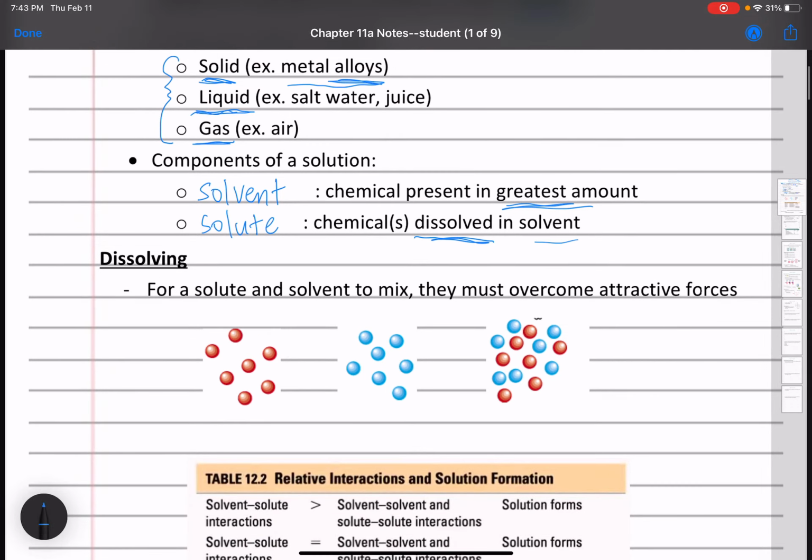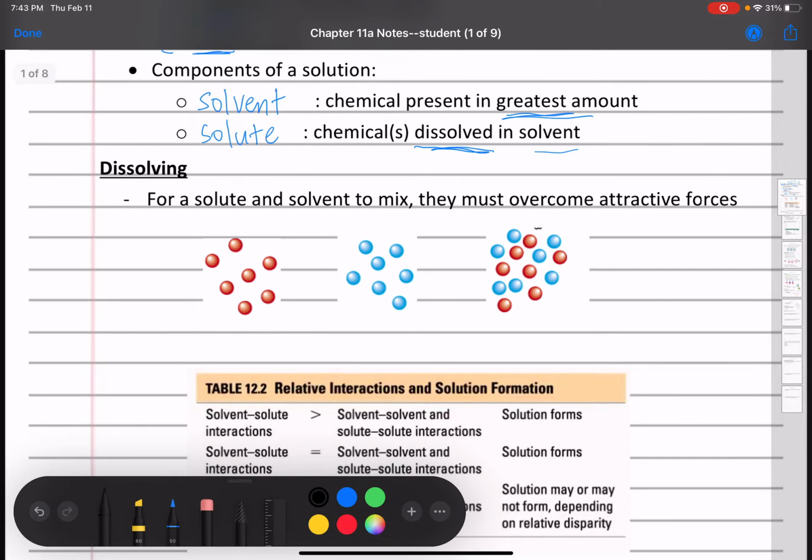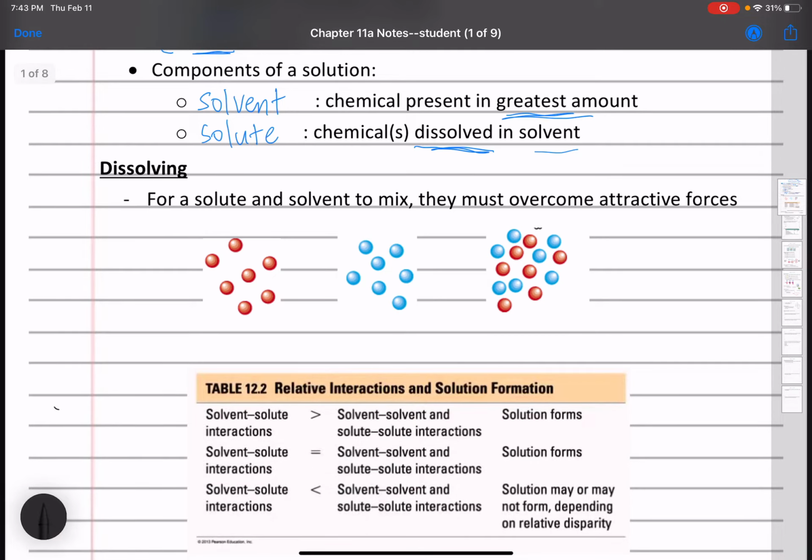So what is actually going on in this dissolving process? So when we have a solution being formed, so let's say we have our solvent, and this our solute. So in the solvent, let's call it water because that's a very common solvent, you have these intermolecular forces, IMFs.